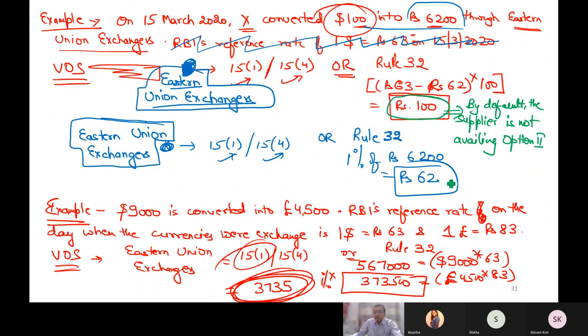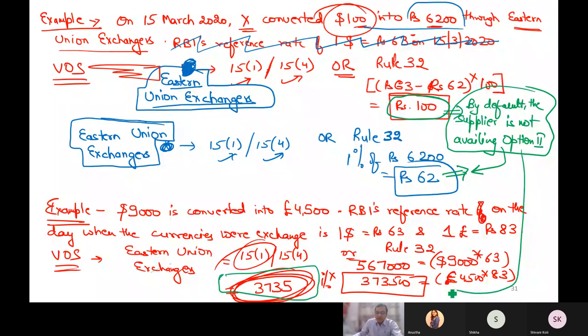Here also, when I computed the value 62, I applied the same assumption, which though at that time I didn't write. Now since you know the option, you have to write in the exam that the supplier is not availing option 2. Here also, when you computed the value 3735, you should write that the supplier is not willing to opt for option 2 of money exchange. Only then you can say that this is the correct answer.